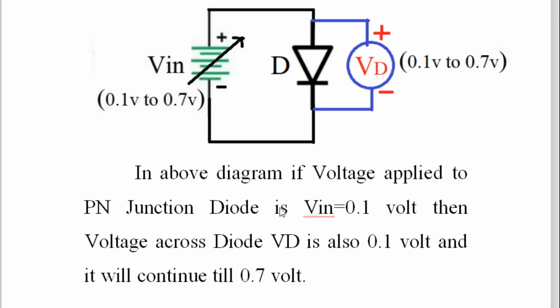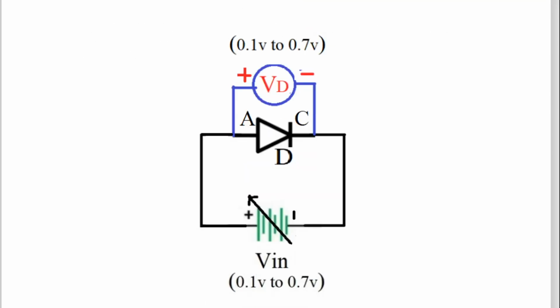In the above diagram, if the voltage applied to the PN junction diode Vin is 0.1 volt, then the voltage across the diode Vd is also 0.1 volt, and it will continue till 0.7 volt. The measured voltage across the diode will be 0.1 volt to 0.7 volt, because this diode is not conducting and is behaving as an open switch, since the applied external voltage is less than the internal barrier potential.